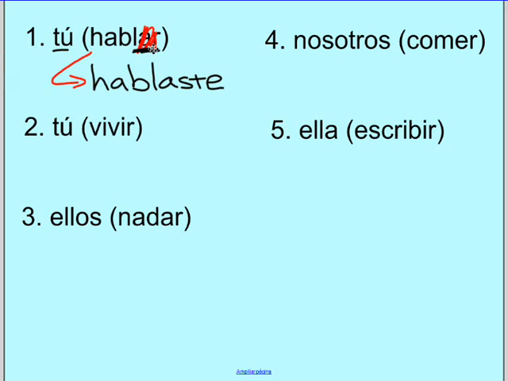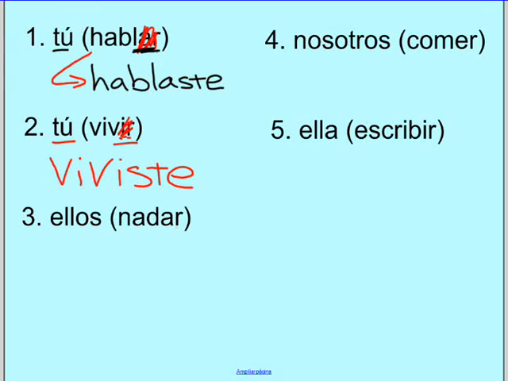Moving on to number 2, count 1, 2 from the end, eliminate, copy the remaining stem, remember it's an IR verb, use the tú form, viviste.